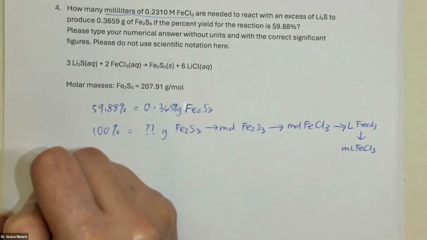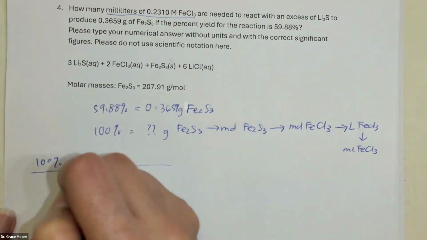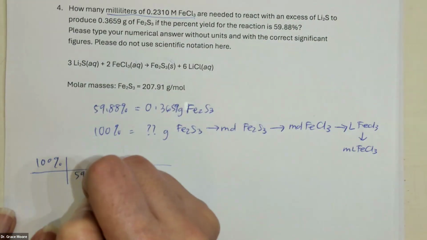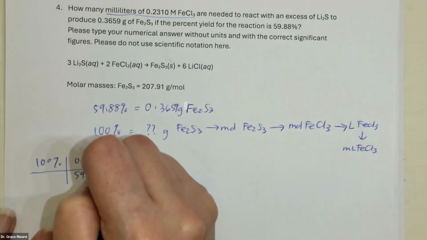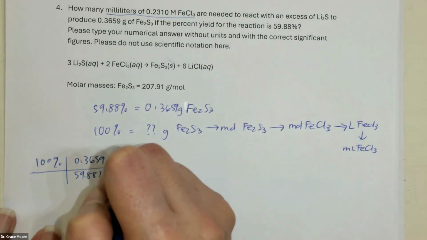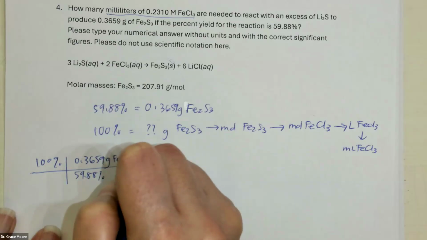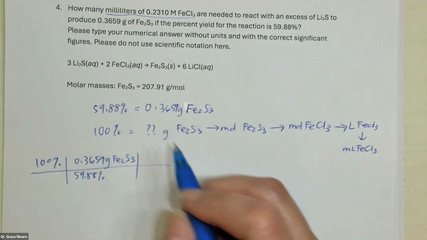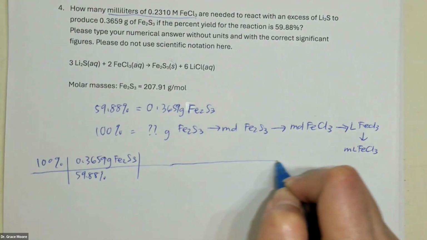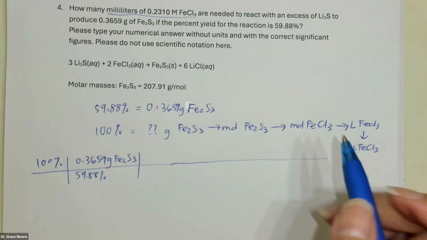I'll start with, I have 100%. I need 100%. I know that 59.88% is 0.3659 grams of Fe2S3. And then we do the mole to mole ratio. Draw the line a little longer.